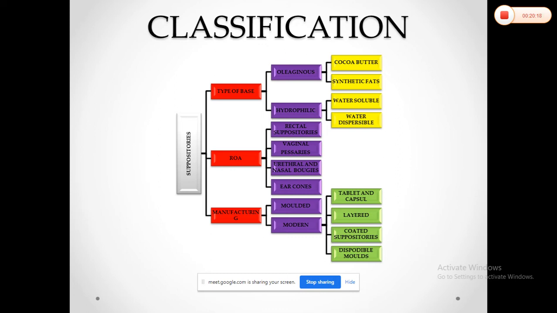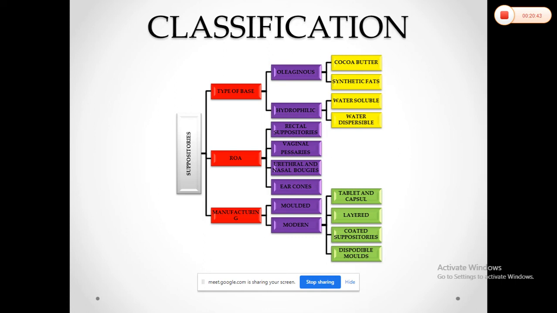Along with that, the vehicle employed in rectal suppositories should melt or soften at our body temperature, and then it will release the medicament. That's why, whether we are using cocoa butter, any synthetic fat, or any water soluble or water dispersible base, it has a melting point below 37 degrees Celsius.